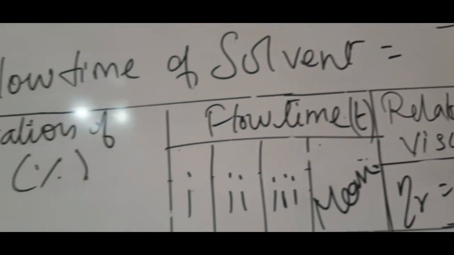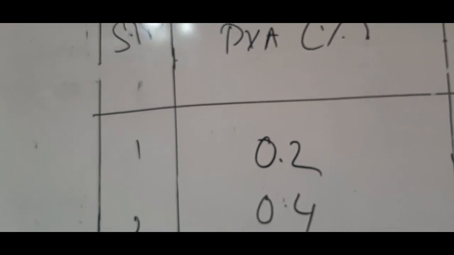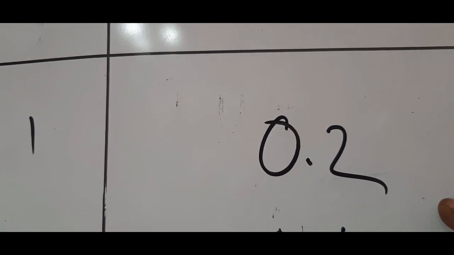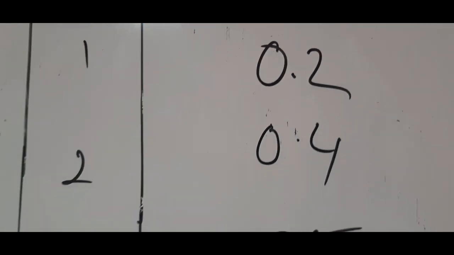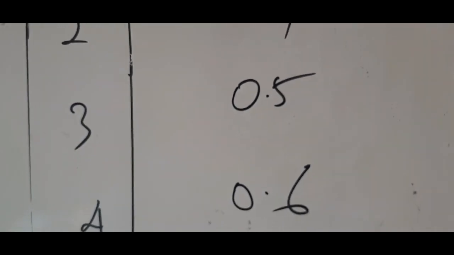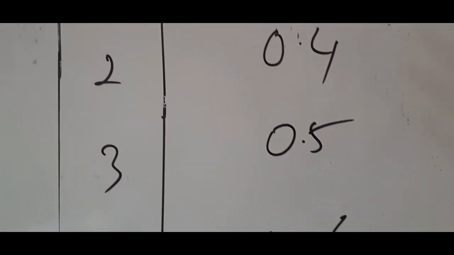Next, you should find out the flow time for the 0.2 concentration. You should strictly go from the lower concentration only. Randomly you shouldn't take, like, first the 0.6 and then the 0.2.